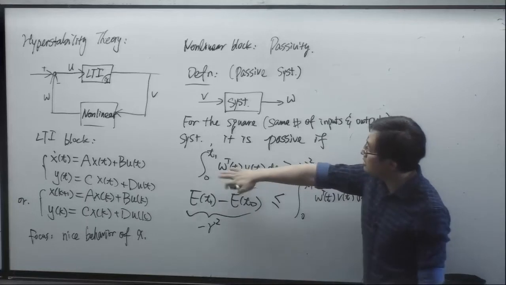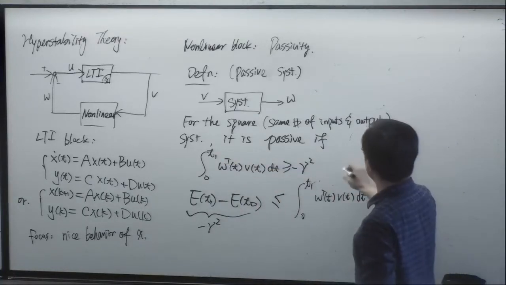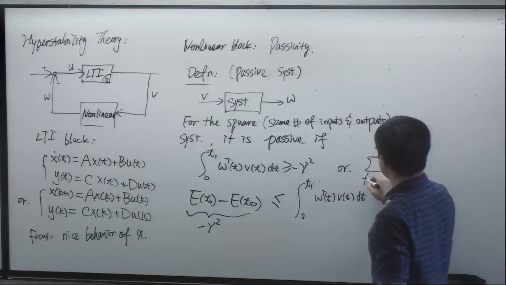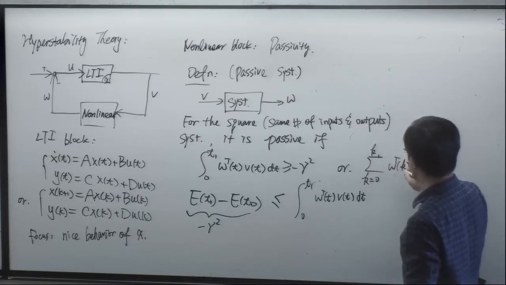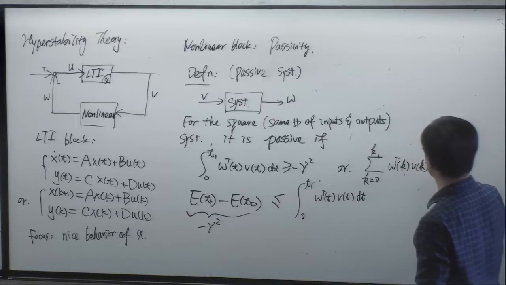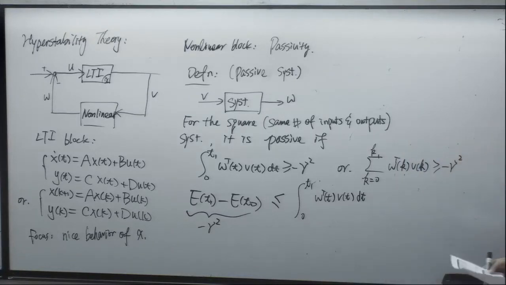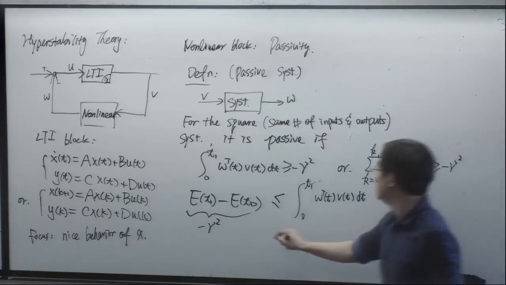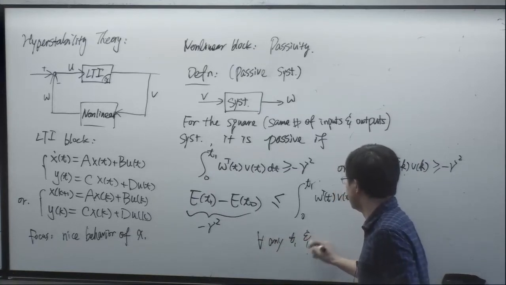If it's a discrete time case, it's going to be similar. Continuous time case is integration. In discrete time, it's going to be summation. So in discrete time, it's going to be K, all right, so this is for any T1 and K1.